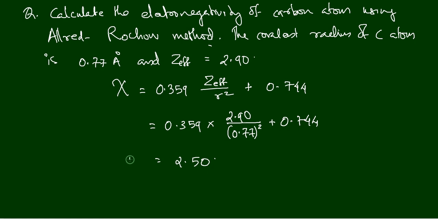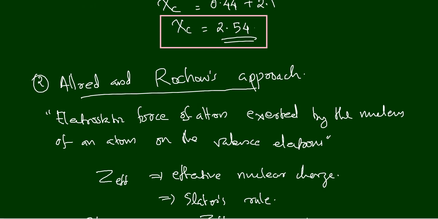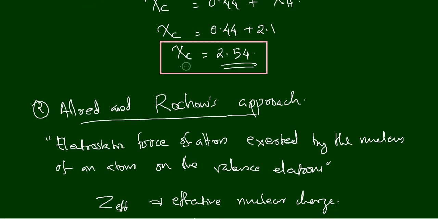Okay, so the carbon atom's electronegativity chi is equal to 2.50 in this case. So when we calculated the electronegativity of the carbon atom by the second approach, we get the value 2.50. Now you can look at the value we obtained using the first approach. Using the first approach, we got chi C is equal to 2.54.